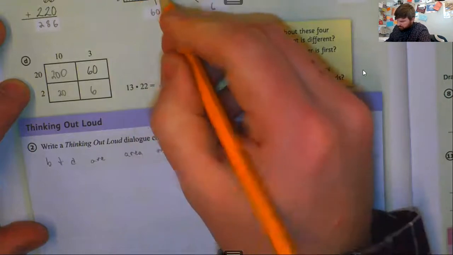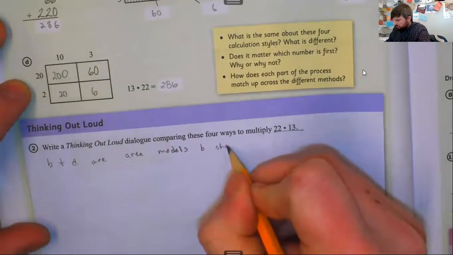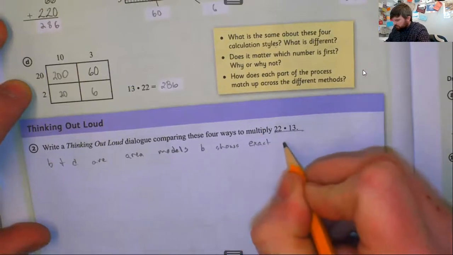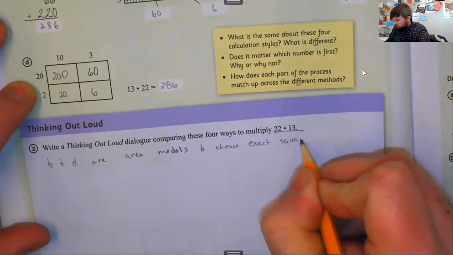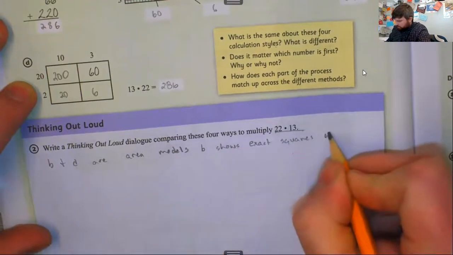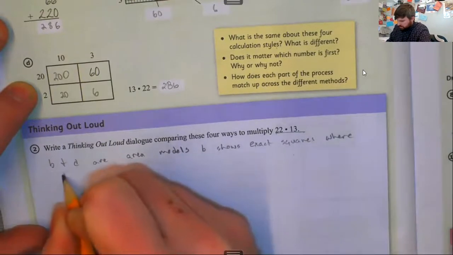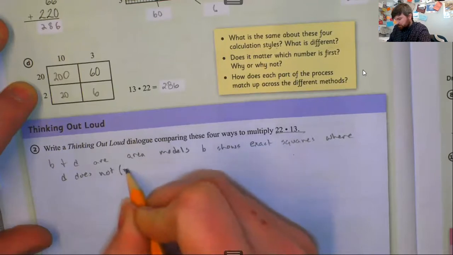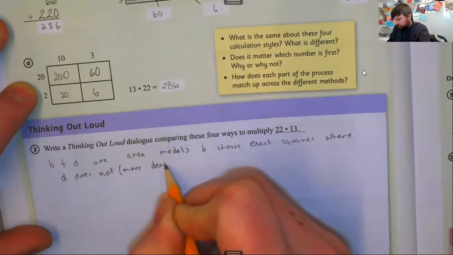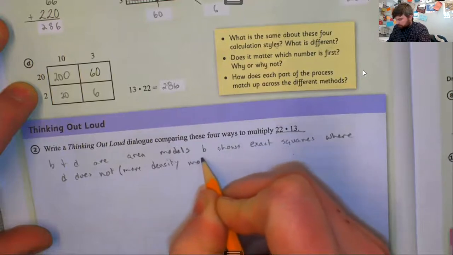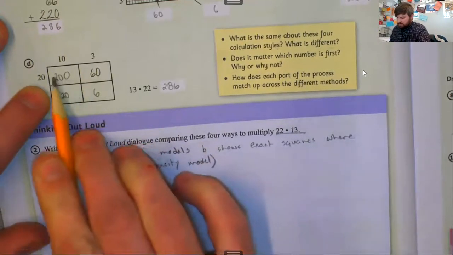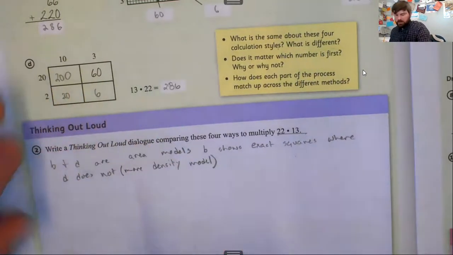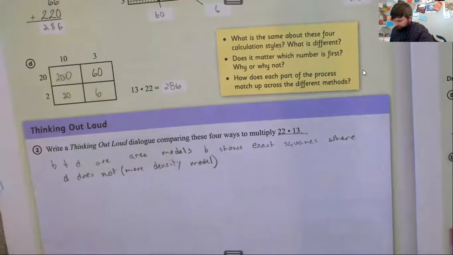But B shows exact squares, where D does not. And like we said, that's more of a density model, because this little rectangle has 200 while this one has 6. So this one is more dense than this one.